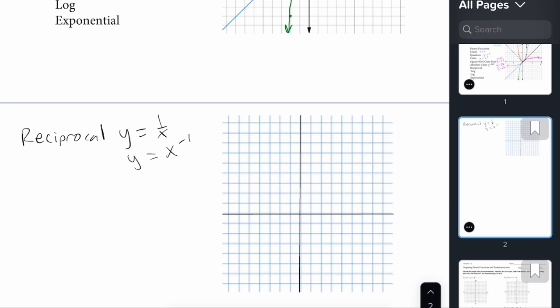But this one technically has a dashed line on the x and y axis. It never touches any of those things. It goes through (1, 1), (-1, -1). It is an odd function. It's got that little piece that's getting closer to each of those. I apologize for the ugliness, but that is what your reciprocal function looks like.